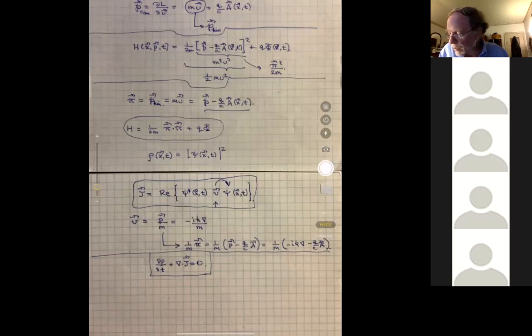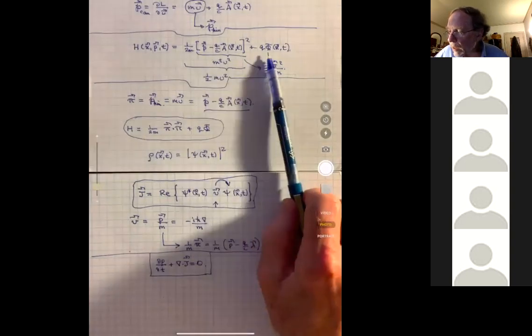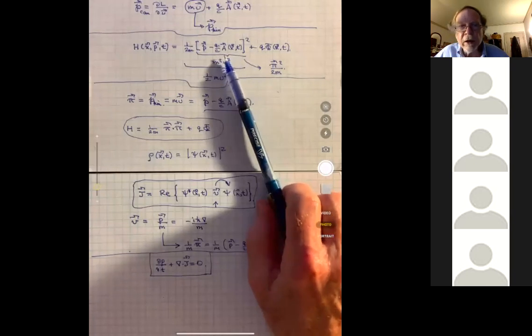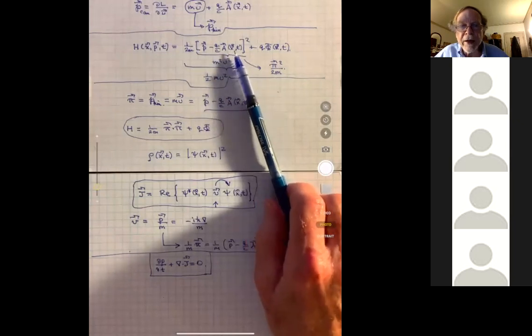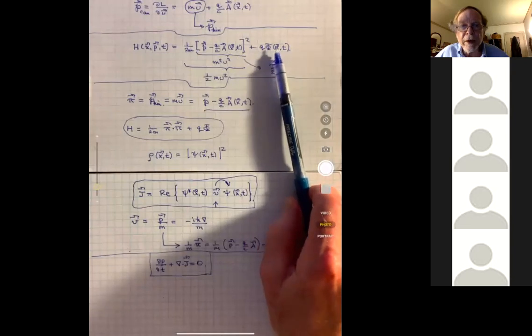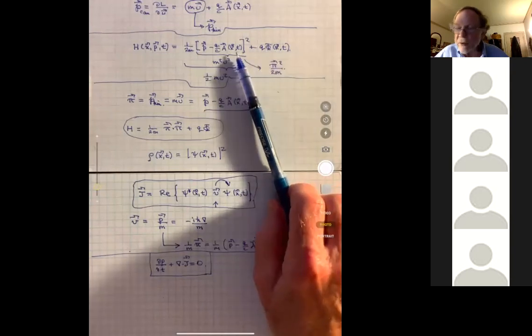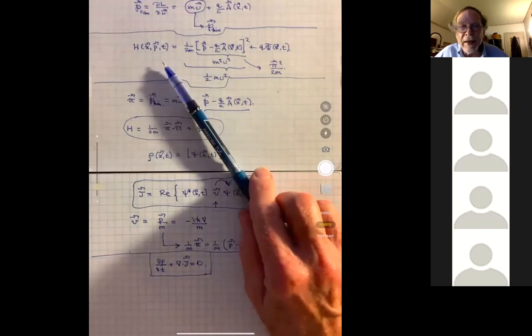In any case, let me proceed to the next topic, which is related to this. If the Hamiltonian is expressed in terms of A and phi, we just decided earlier that A and phi are not unique, but can be subjected to a gauge transformation. Well, it sure looks like if I replace A by A prime minus grad F, and similarly with phi prime, I'm going to get a different Hamiltonian. Does that mean that the Hamiltonian depends on the gauge?